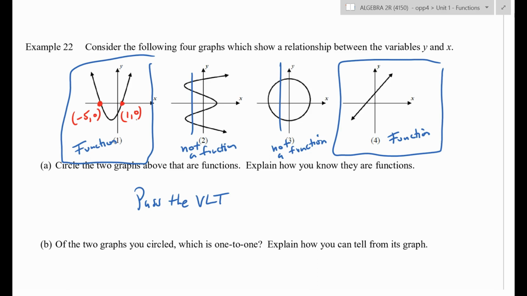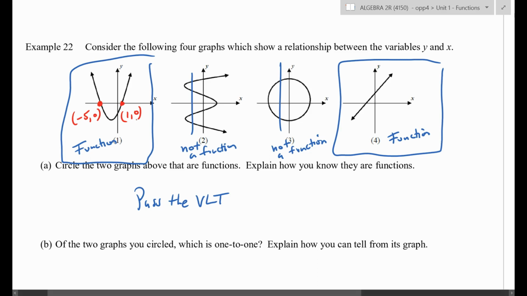Right? Because do you agree that this horizontal line has all the same y values? So if this goes through a function in more than one spot, then the y values must be the same, and so it can't be 1 to 1. Is that okay? That concept seem all right? So what makes something a 1 to 1 function? It passes the vertical and the horizontal. Okay, good. So there's your concept, right?